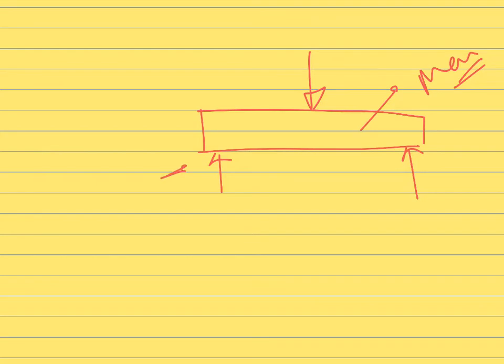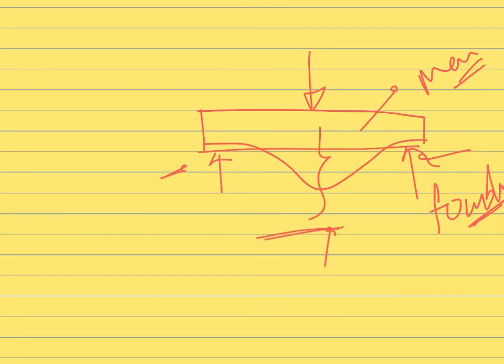Then you need to know the type of foundation or support. Then you need to fix the failure point, when you will believe that your beam has failed. In case of beam design, it might be the deflection, like deflection should not be more than this. So here deflection is your performance.